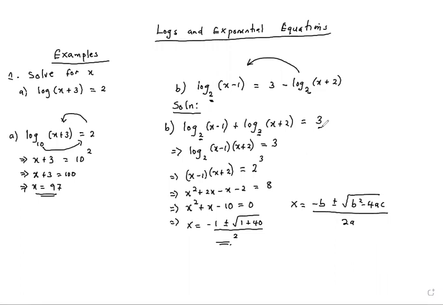Now, when there's a plus, there's a law which says if you have a plus, you put them together by multiplication. And then you raise 2 to the power 3 equal to this product here. So now you have a quadratic to solve. Because you can't find factors, we use the formula. That's how we understand this.